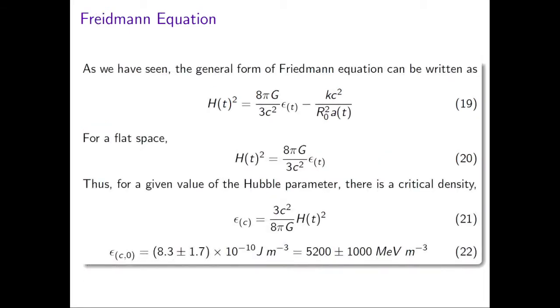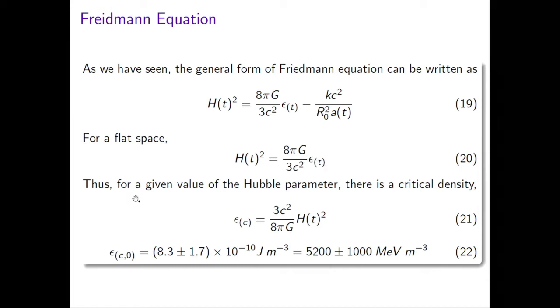Like we've seen, the general form of the Friedman equation is H of t square is equal to 8 pi G by 3c square epsilon minus kc square by R naught square a. If we consider the case of a flat space, then k will be equal to 0. So the second term on the right hand side will amount to 0, and H of t square is equal to 8 pi G by 3c square epsilon.